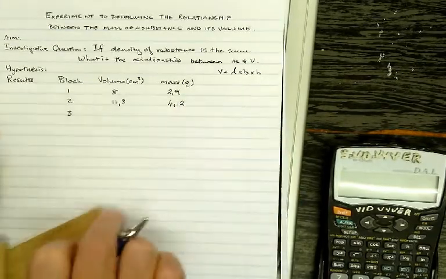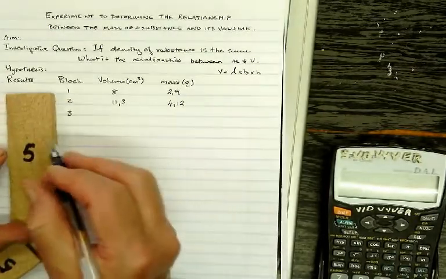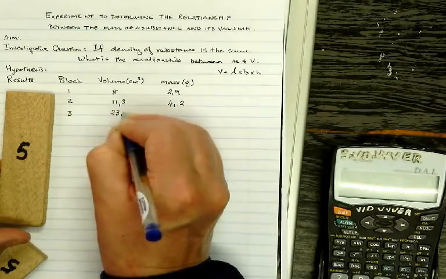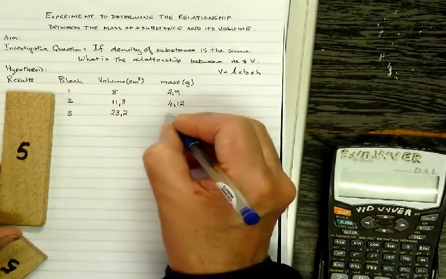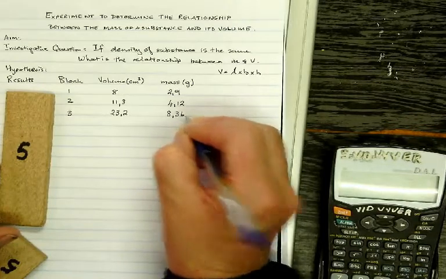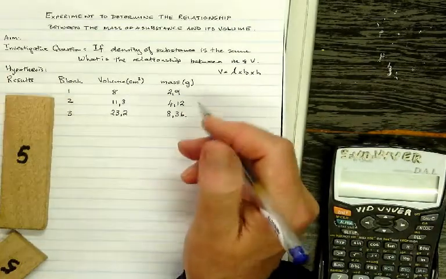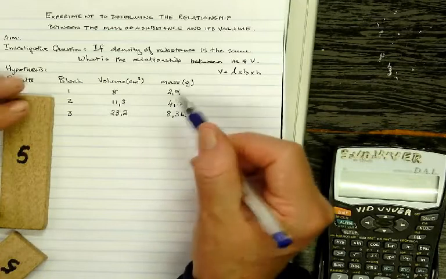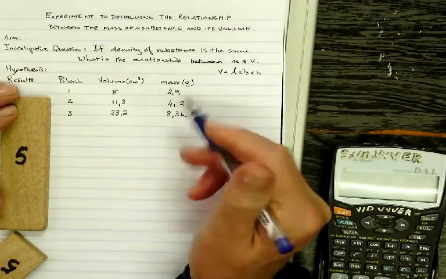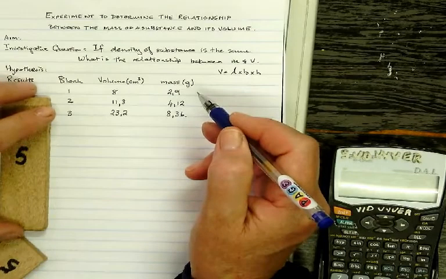The third block has a volume of 23.2 cubic centimeters and a mass of 8.36.